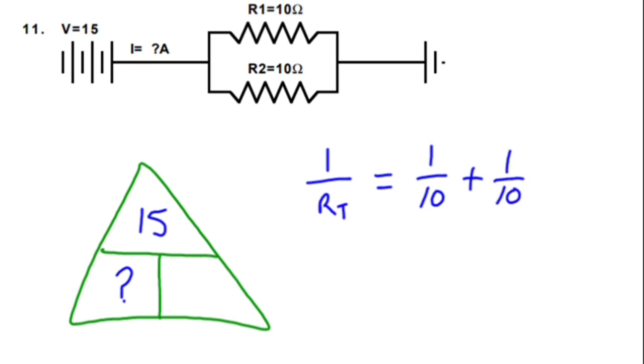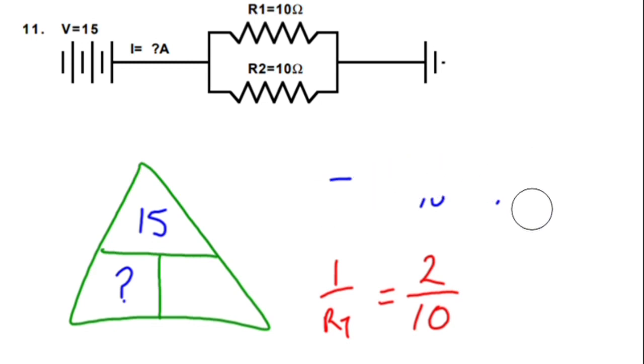So just to reiterate, what we are showing here is that the total conductivity of the circuit is equal to the conductivity through resistor 1 plus the conductivity through resistor 2. So we now know that the total conductivity, which is equal to 1 over RT, is equal to 2 over 10. So I'm just going to create a bit of space up here and erase this.